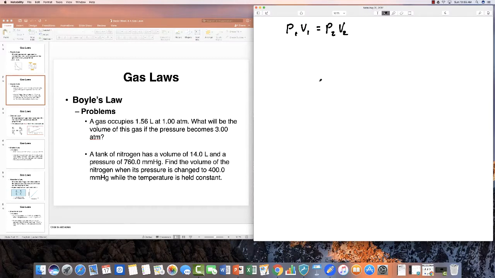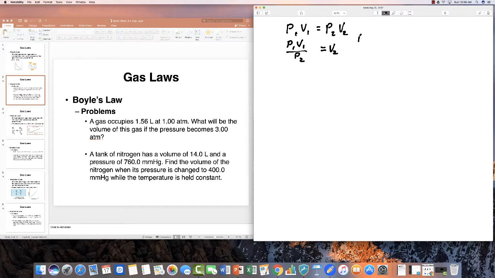You can do this one of two ways. What I normally do is solve this equation for what I want to know. It says, what is the volume in the second state? So I would solve this equation for V2. If we divide both sides by P2, we get P1 V1 over P2.